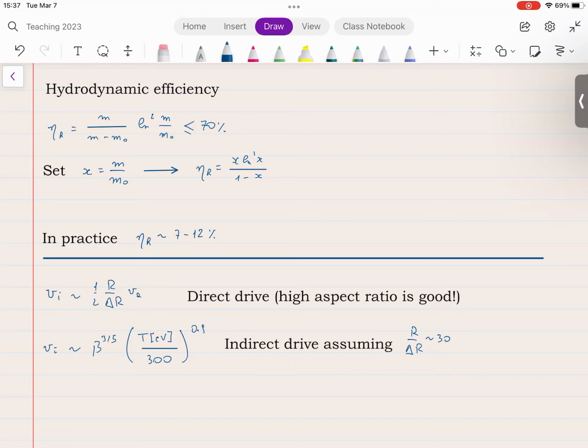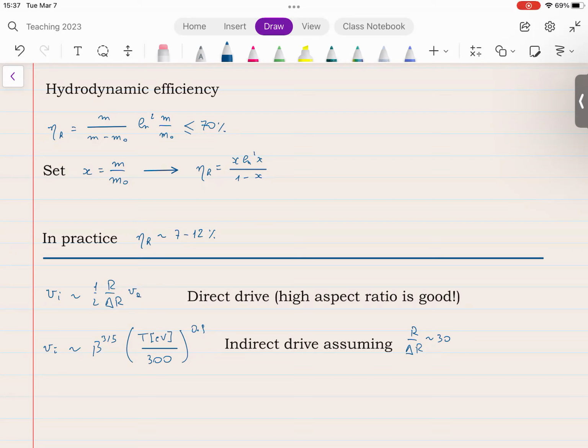Okay, I'm not going to get into more details about the ablation phase. I'm only going to mention one thing to emphasize how interconnected and complicated the whole system is. The ablation process also has an effect on the development of instabilities during the implosion.